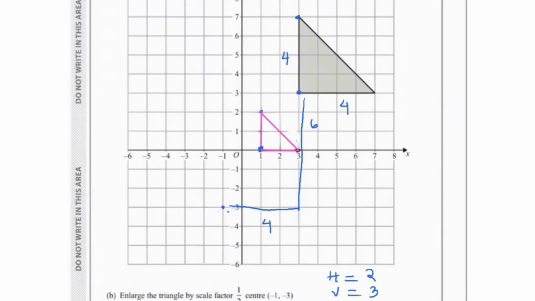As you can see, each of the dimensions are half now. 4 is 2 in both the cases. And your horizontal and vertical distance of a point from the center has also changed. It's half now. Originally for the blue point, it was 4 horizontally and 6 vertically. Now it's 2 horizontally and 3 vertically. So this is how you can identify the position of your enlarged shape.